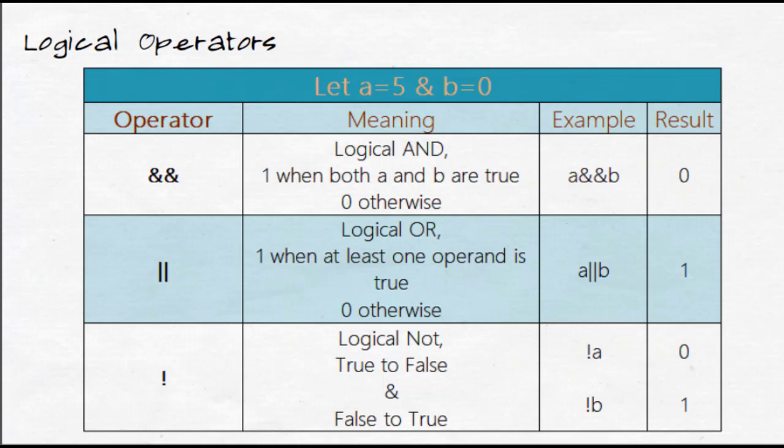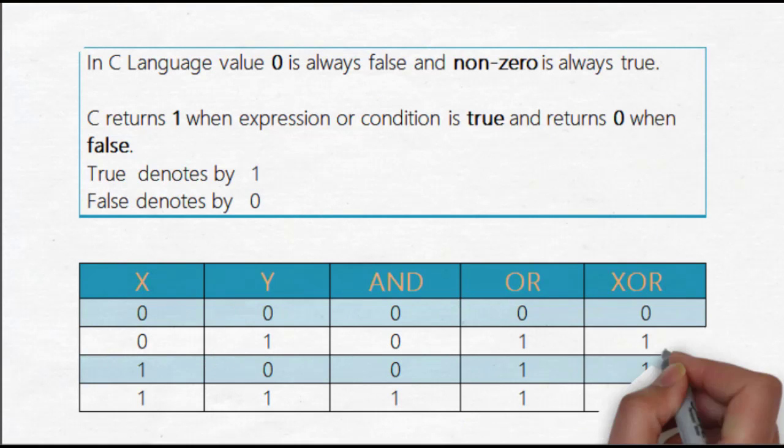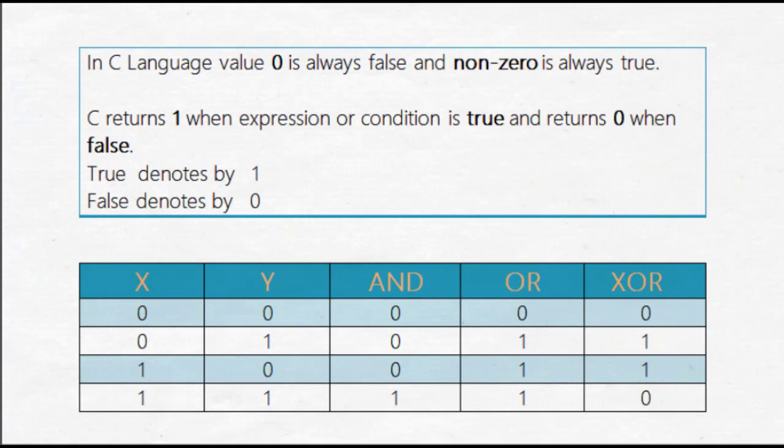Logical NOT gives true for a false condition and false for a true condition. So, NOT of A returns 0 and NOT of B returns 1. You can see the table of AND, OR and XOR for better understanding.